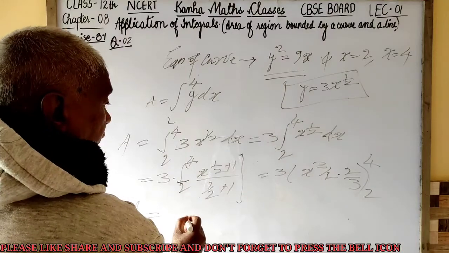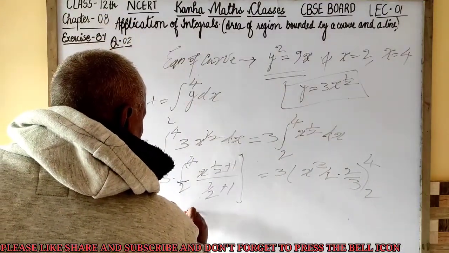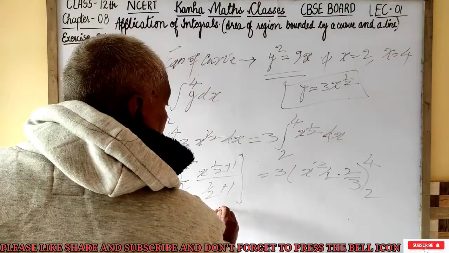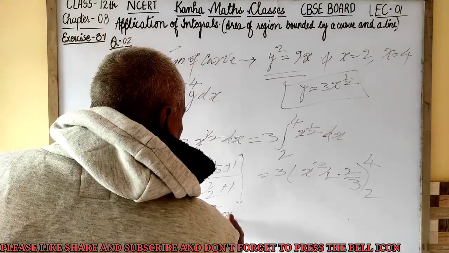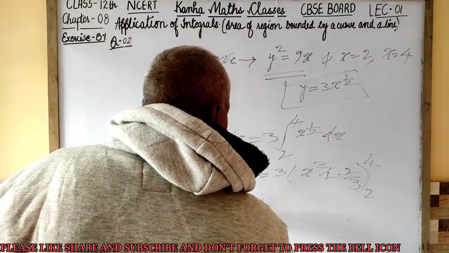The requisite area will be equal to 3 times 2/3 times x to the power 3/2 with limits from 2 to 4.